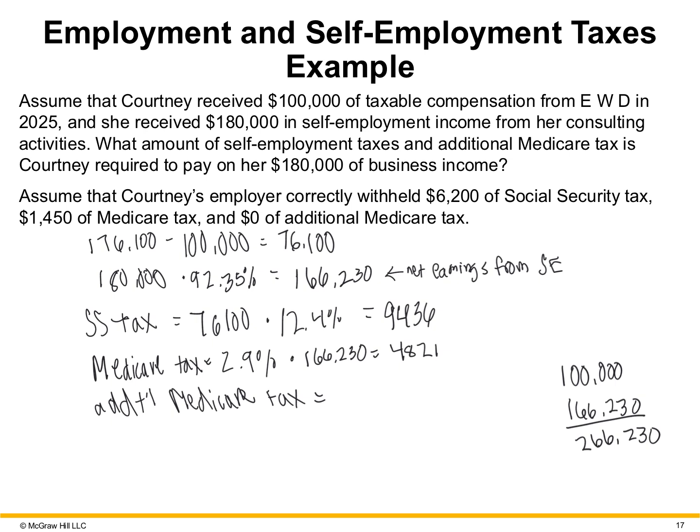So here, the threshold that we are using for Courtney's filing status is 200,000.